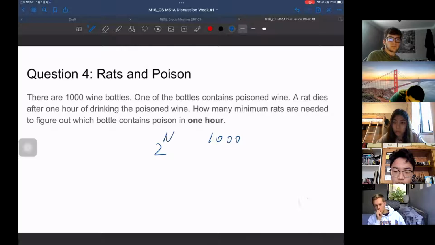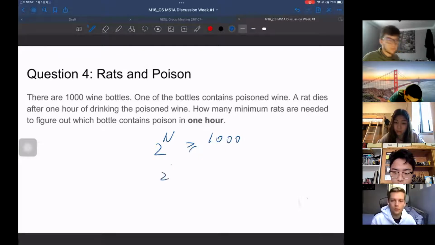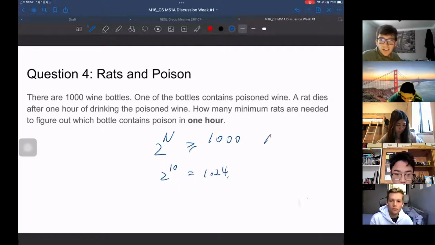Maybe this calculation bothers you: 2 to the 10 is 1024. So n equals 10.